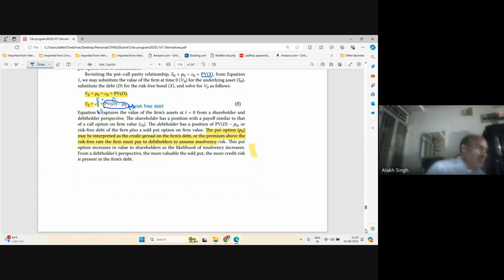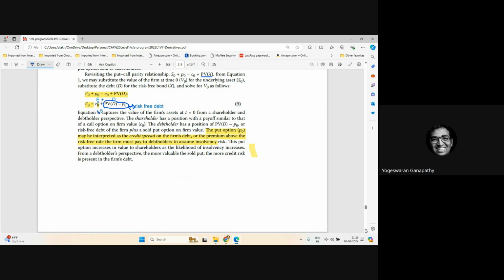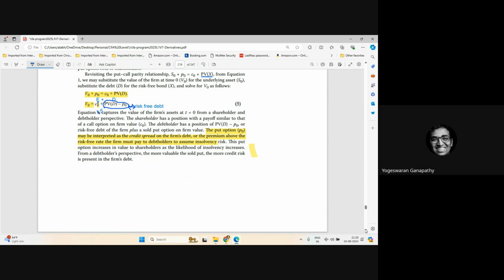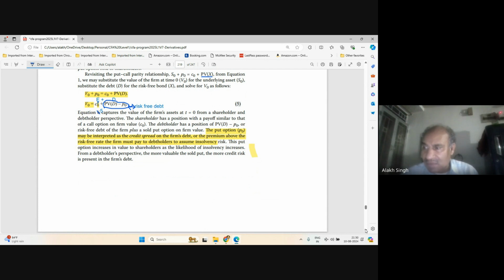If they are borrowing without any project, then yes. But if they have a good project in mind and are borrowing for that, then the company will do well, and the credit rating will go up.